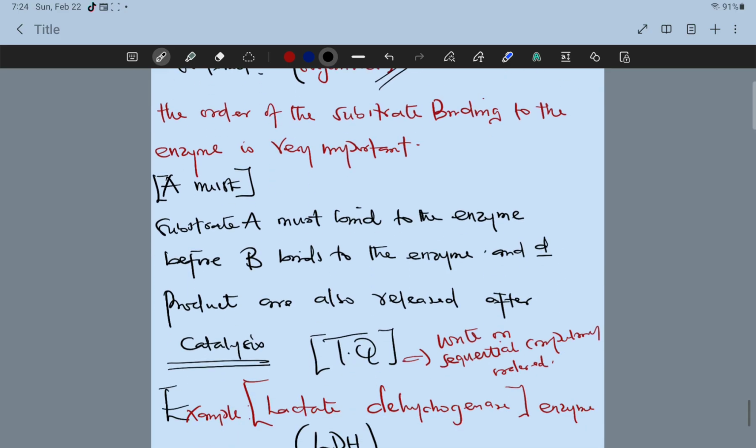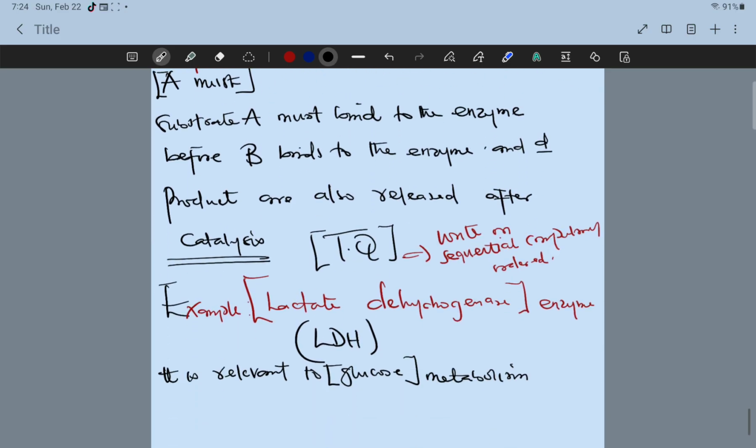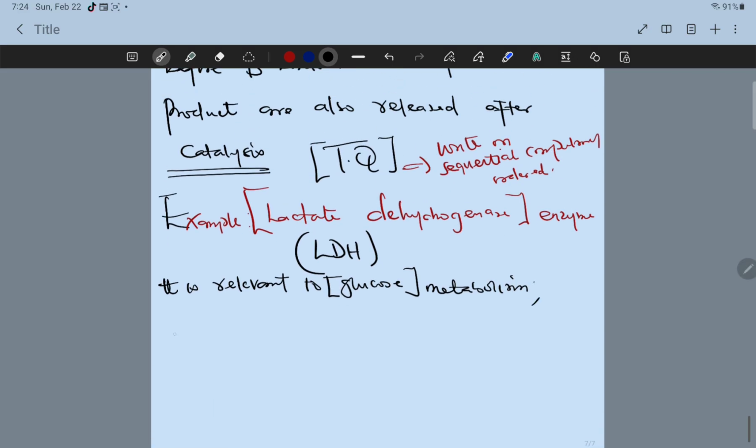Yes, exhibit it in the sense that with the LDH, is that okay? The coenzyme, which is NADH, always binds first. So emphasis on always.